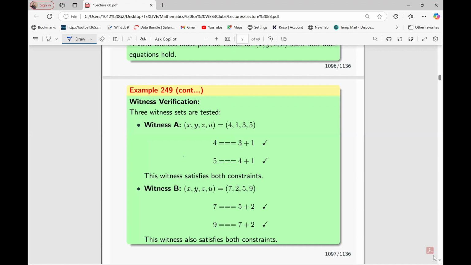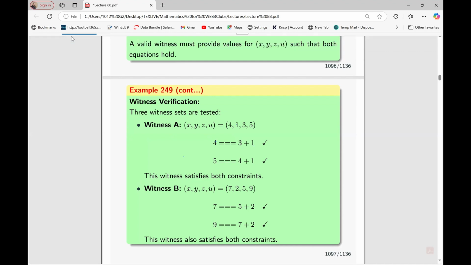The constraint was x is equal to z plus y. And remember our equality is this, I'm just writing, but you know, 5 is 1.